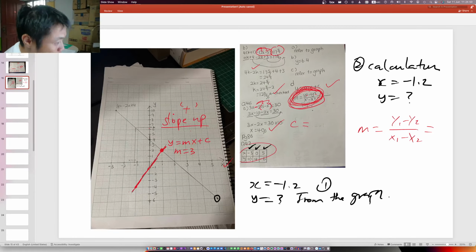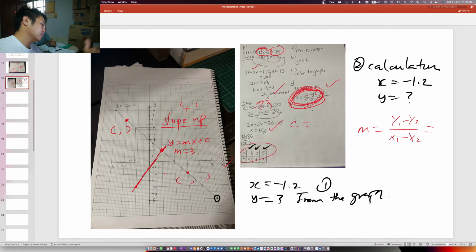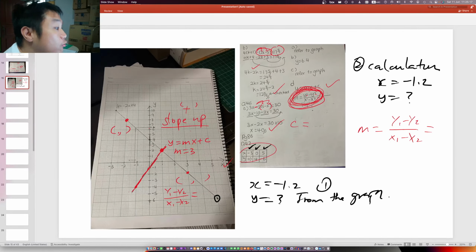Just imagine, I don't write down the coordinate. This is my coordinate 1. This is my coordinate 2. So I want to find the gradient of this line by formula. The formula is y1 minus y2 over x1 minus x2, right? And you know what I'm going to do? I try to read this one without writing it down.